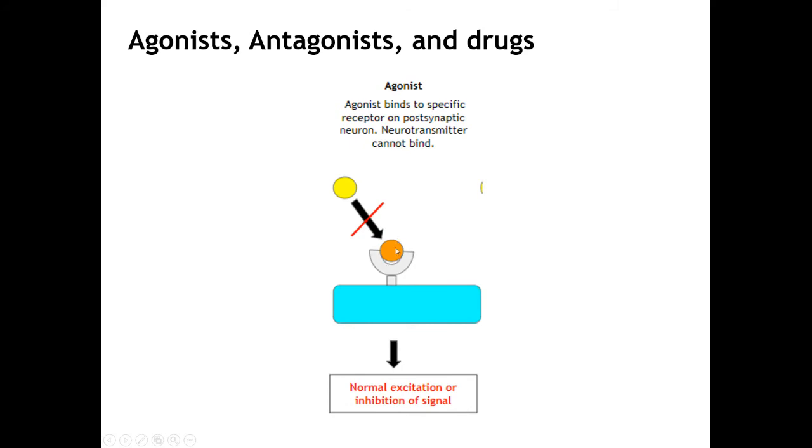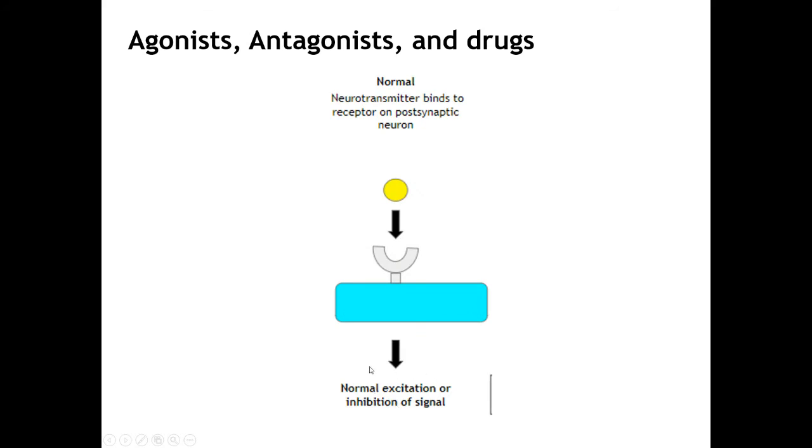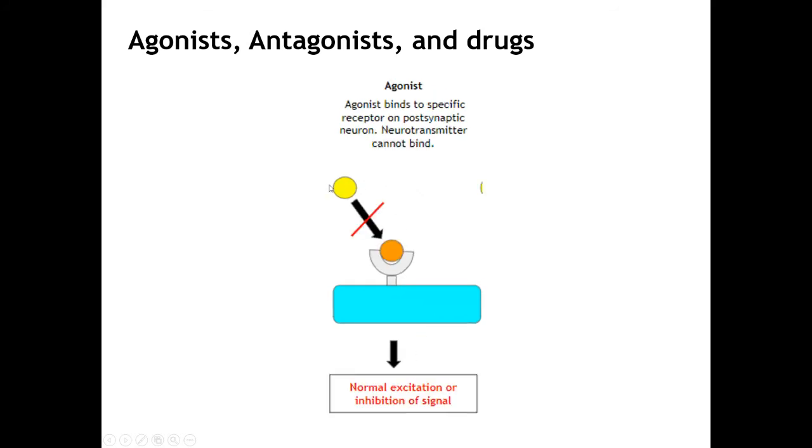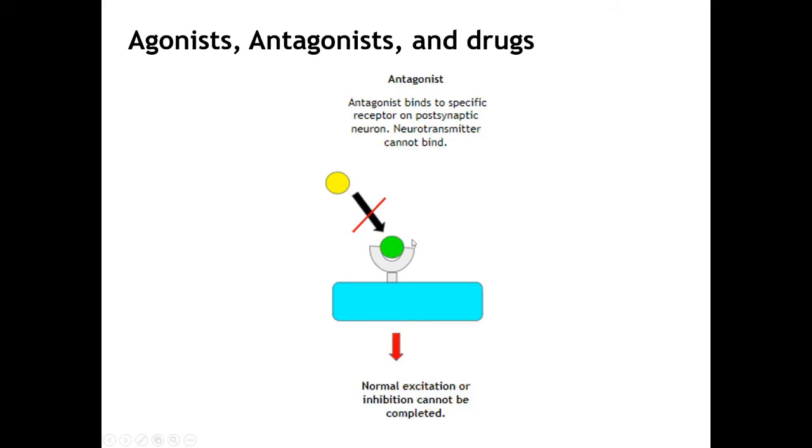So this chemical here, the orange one, has bound in the place of the neurotransmitter, and there is no space for the neurotransmitter to bind. But this is okay. In an agonist's case, you get the same reaction you would have before. If the neurotransmitter was supposed to encourage a signal, the agonist encourages the signal. If it was supposed to cause inhibition, the agonist causes inhibition. So this is fine. It's doing the job of our neurotransmitters.